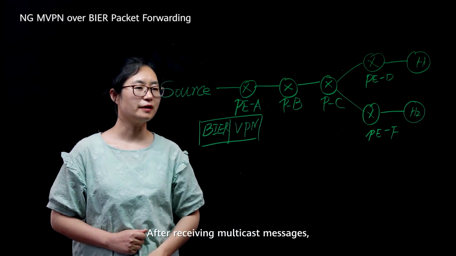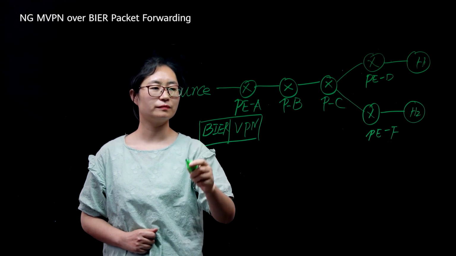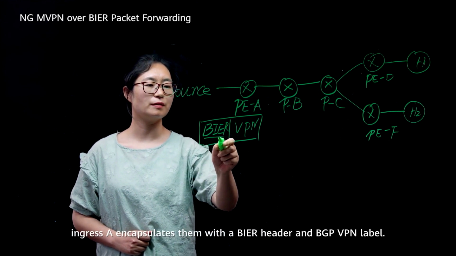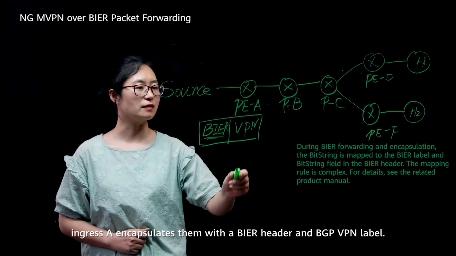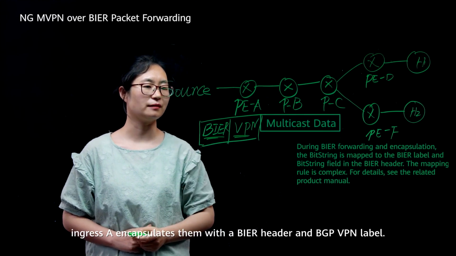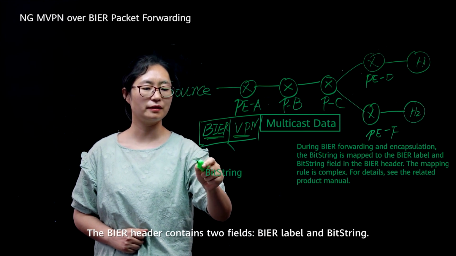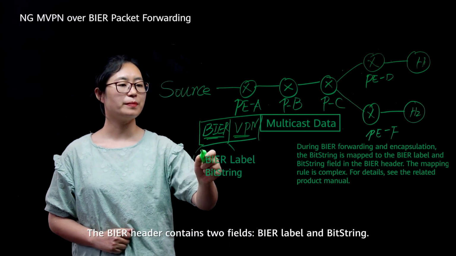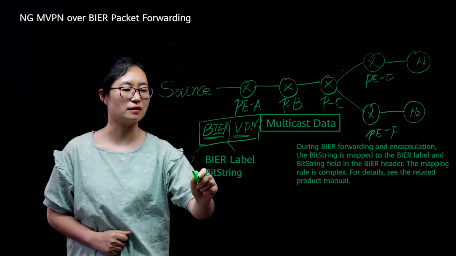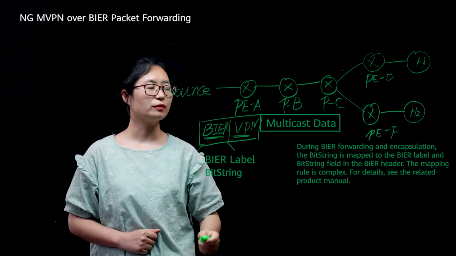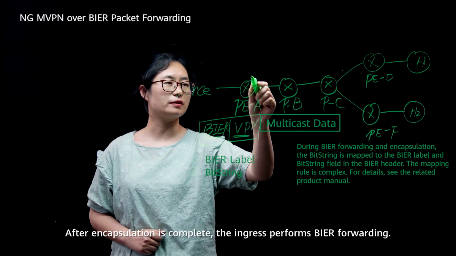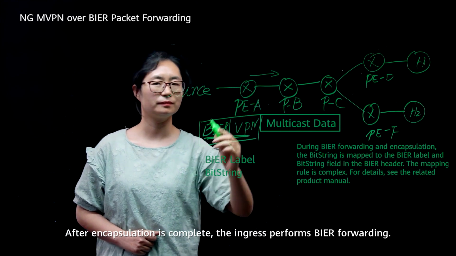After receiving multicast messages, Ingress A encapsulates them with a BIER header and BGP VPN label. The BIER header contains 2 fields, BIER label and bit string. After encapsulation is complete, the ingress performs BIER forwarding.